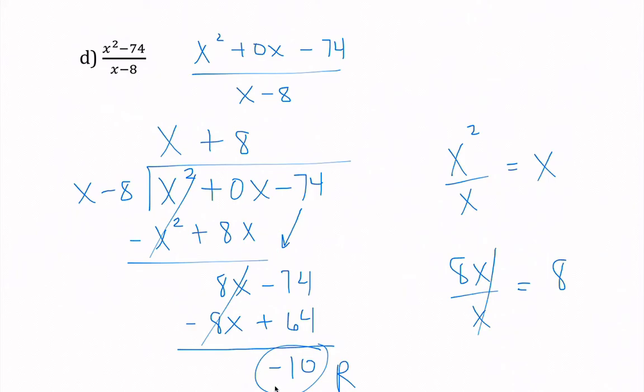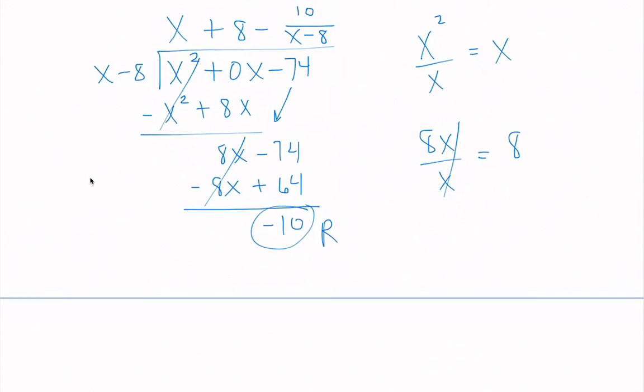Because my remainder is a negative, I go up here and put a minus sign. On the top I put my remainder. On the bottom I put what we were dividing by, so x minus 8. So my final answer was x plus 8 minus 10 over x minus 8.